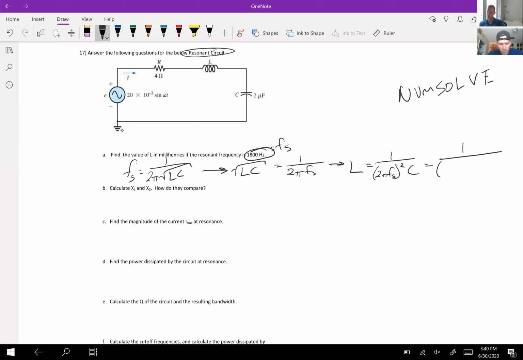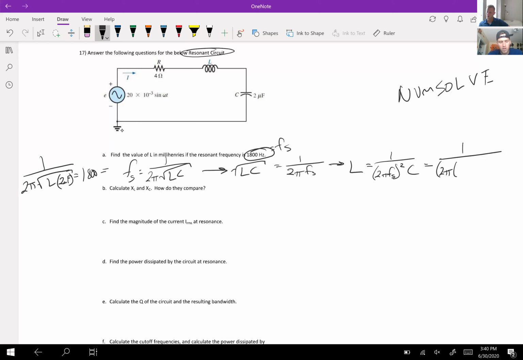It's not super fast, but if you just wrote all the numbers in here and said 1800 equals 1 over 2 pi, the square root of L, C is 2 microfarads. And I would probably write numsolve on your test, just so I knew how you did it, because otherwise I don't know where the number comes from. But if you wrote that and said numsolve, that would be totally acceptable for me.